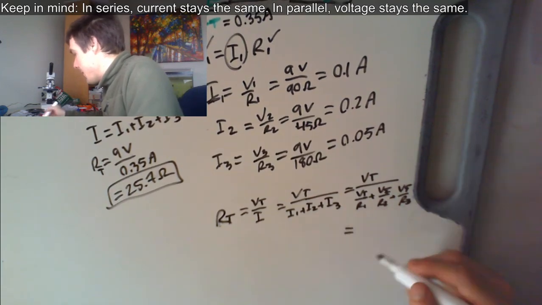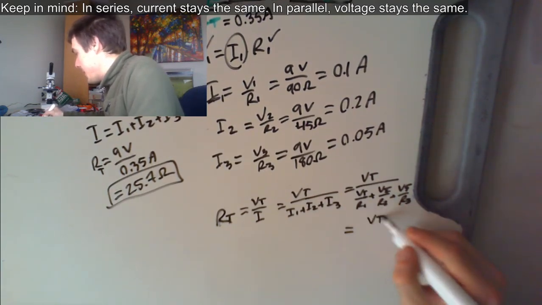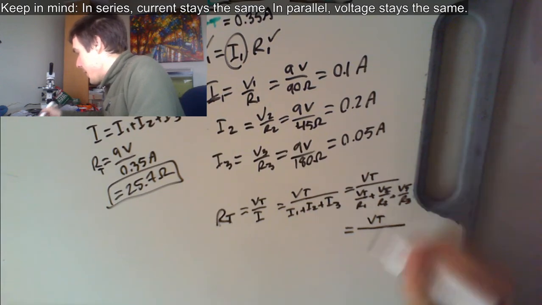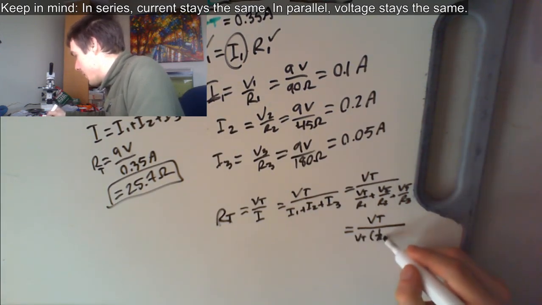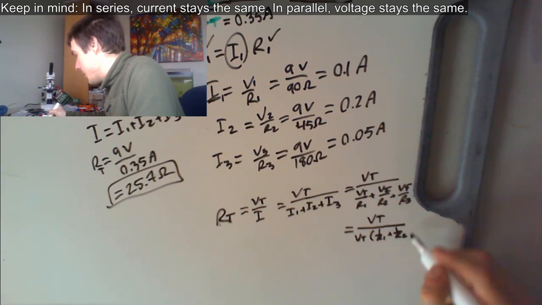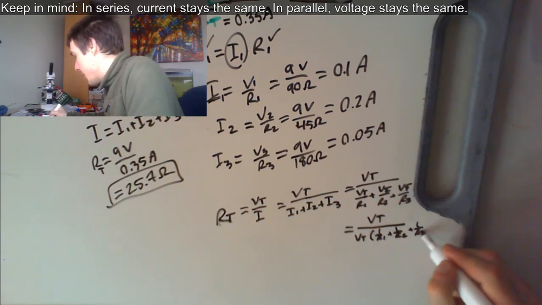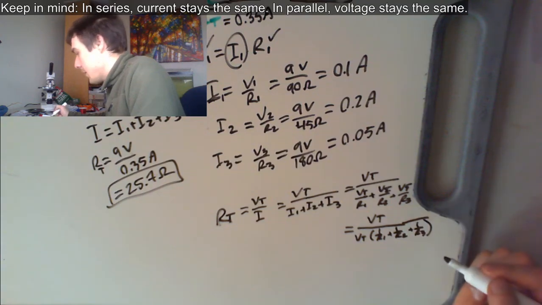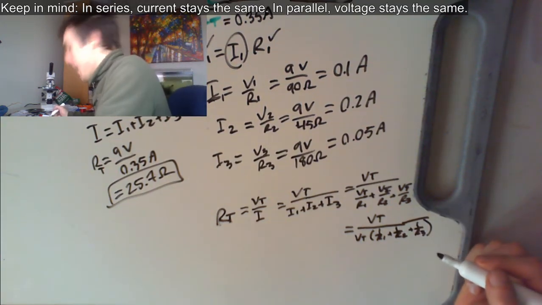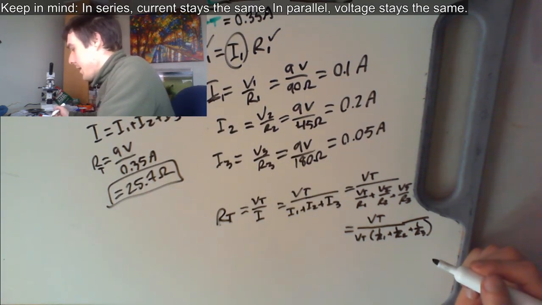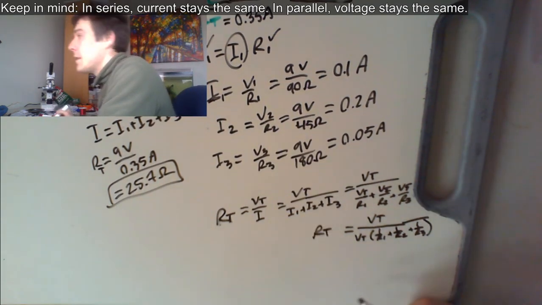So what you end up with then is VT over VT times 1 over R1 plus 1 over R2 plus 1 over R3, and that's equal to RT.